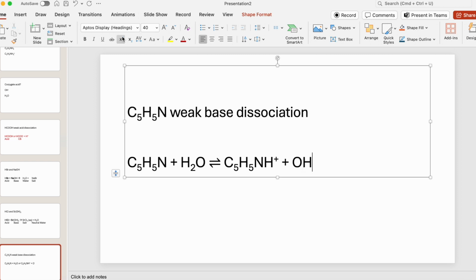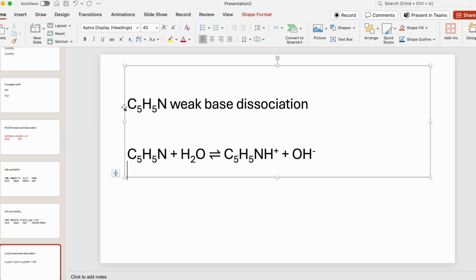We're going to add that to OH minus. Now, if you're ever in doubt on if your equation is correct, I have a plus charge here and a minus charge here, and I'm neutral on this side. Your charge on the left has to equal your total charge on the right. So your total charge on the left is 0. Your total charge on the right is also 0, so you're good to go.